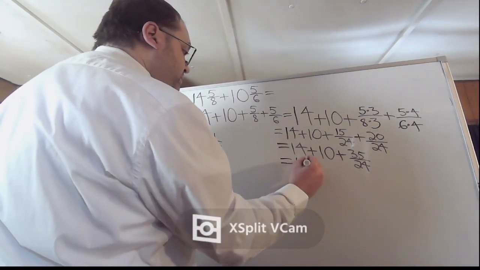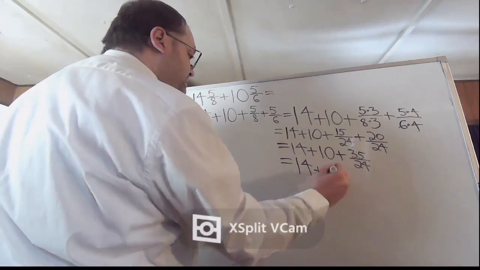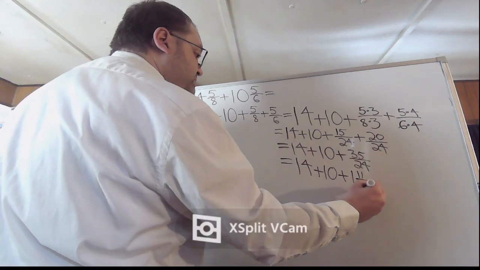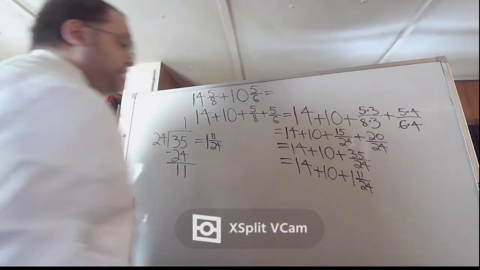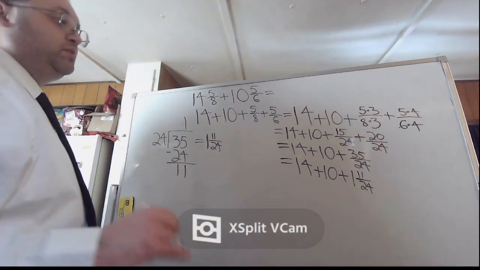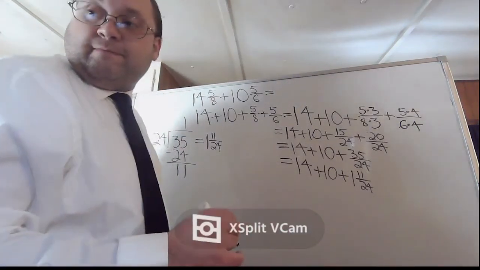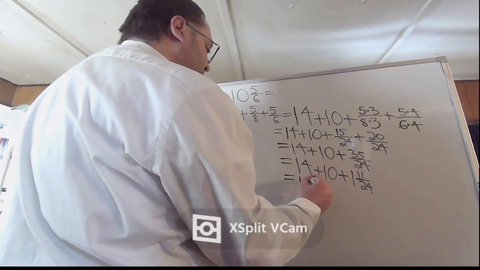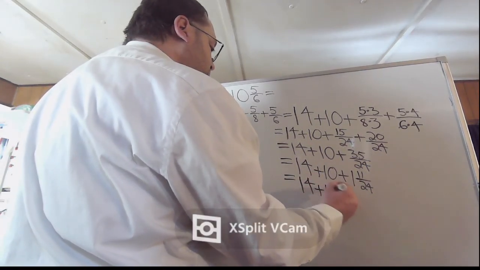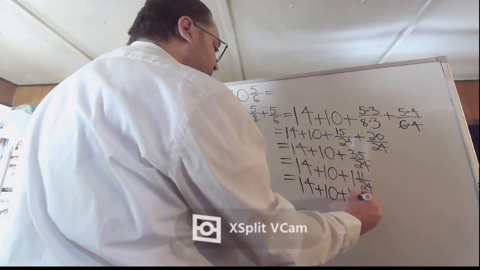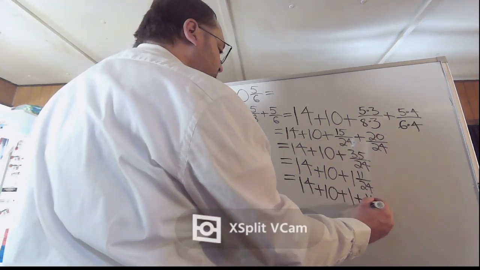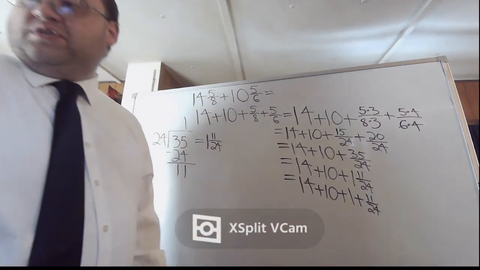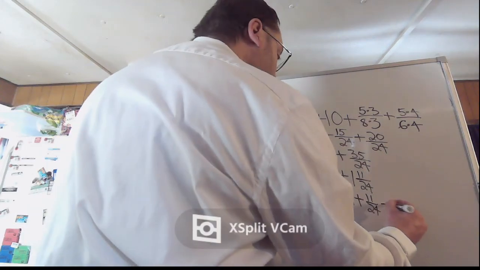So again, you'll have 14 plus 10 plus 1 and 11 24ths. Now we're almost done. We got a form we can work with for the mixed number. So we would separate this. You have 14 plus 10 plus a whole number of 1 plus the fraction of 11 24ths. Alright, now we go through, add all our whole numbers. 14 plus 10 is 24.